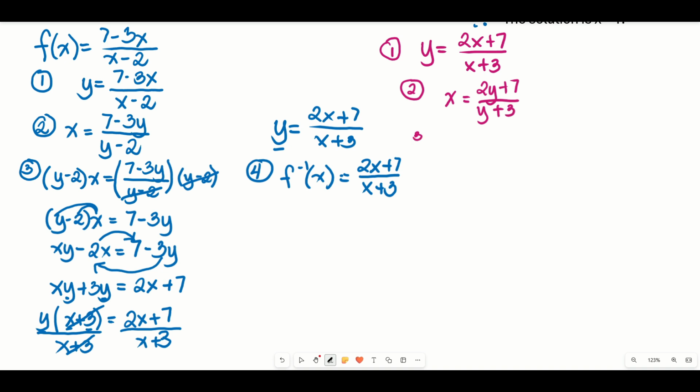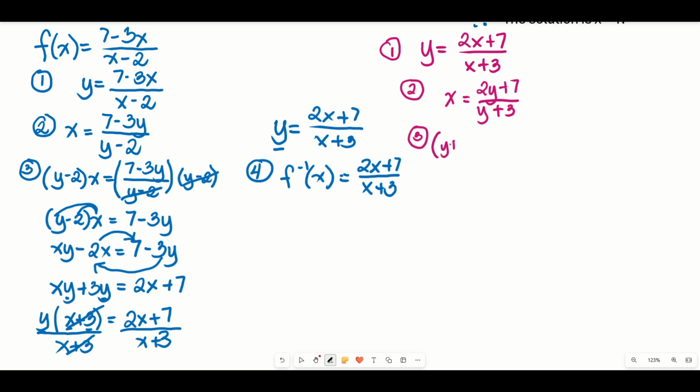And for the third one, what we need to do is to solve for y in terms of x. So the solution dito will follow dito sa nauna nating example. So first, to eliminate the denominator, we multiply both sides of the equation with y plus 3.